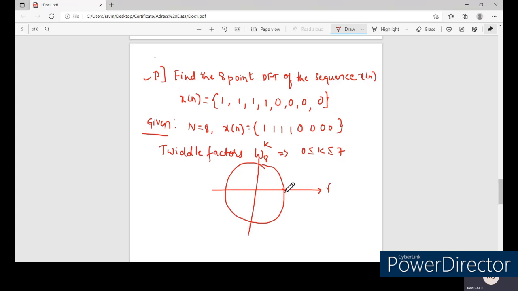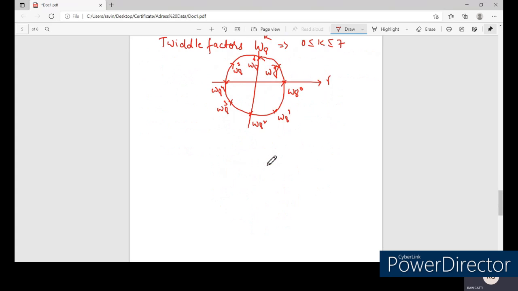So you'll be getting omega 8 to the power of 0 over here, omega 8 to the power of 1, omega 8 to the power of 2, omega 8 to the power of 3, omega 8 to the power of 4, omega 8 to the power of 5, omega 8 to the power of 6, and omega 8 to the power of 7. This is how you can find the twiddle factors.